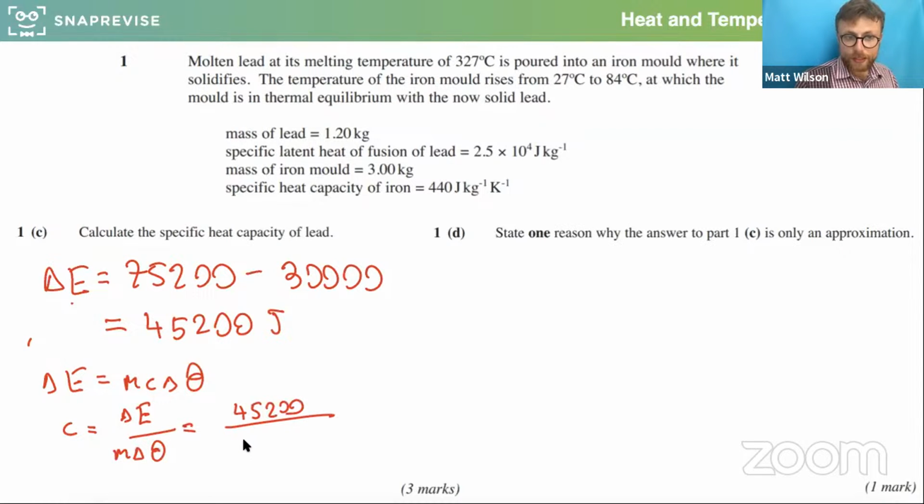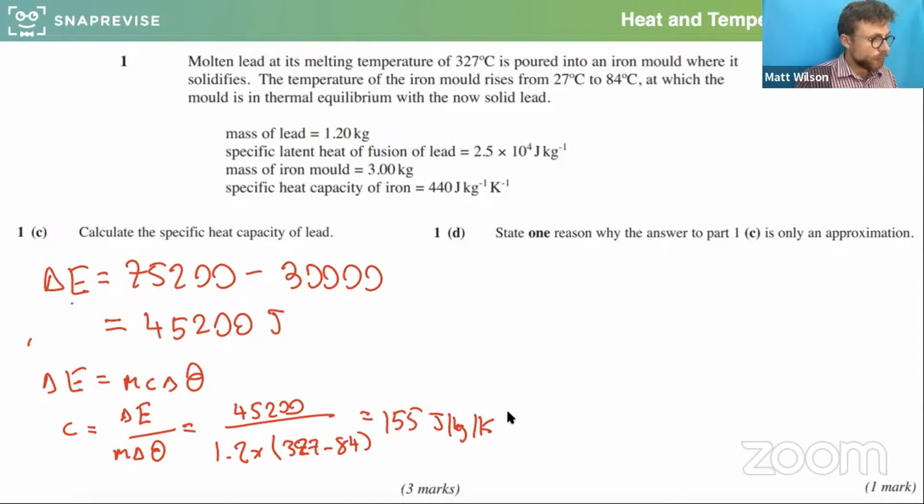We're looking at the lead, so the mass is 1.2. They give us that in the table at the top. And we have the change in temperature, which we observed was 327 minus 84. So chuck all that into a calculator and you'll get 155 joules per kilogram per Kelvin.